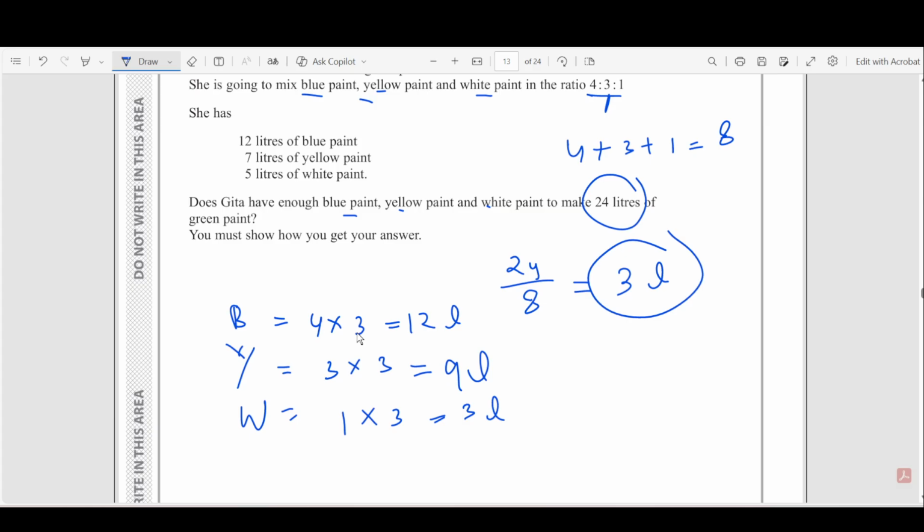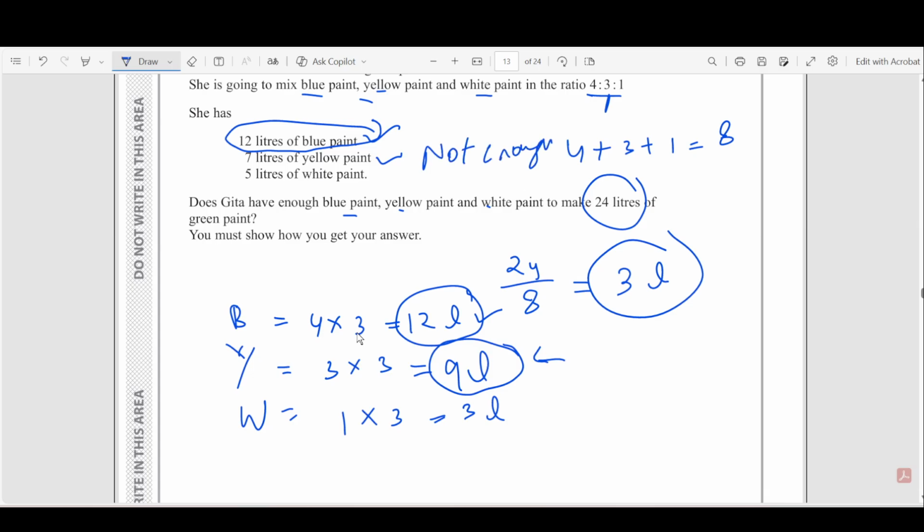We need to compare the required amount to the available amount. 12 liters of blue is needed and 12 liters is available, so that's fine. This would be enough, right? 7 liters of yellow paint is available and 9 liters is needed, so yellow paint is not enough, right?